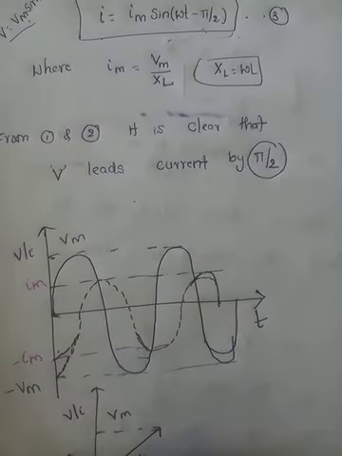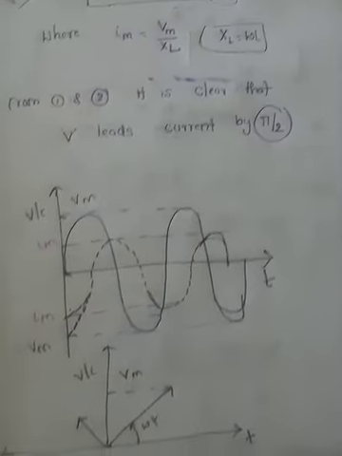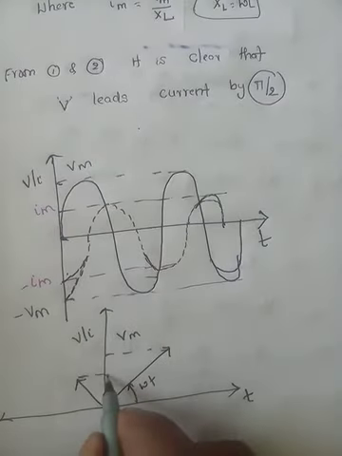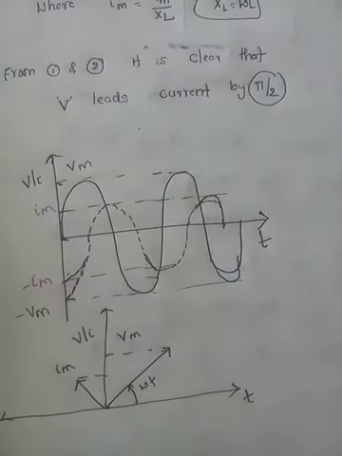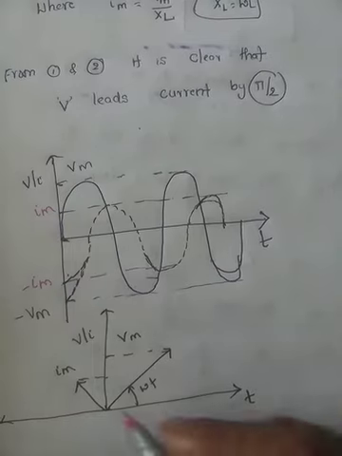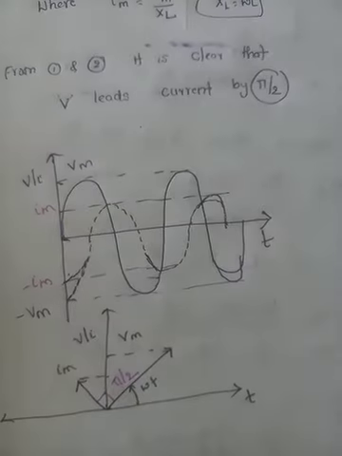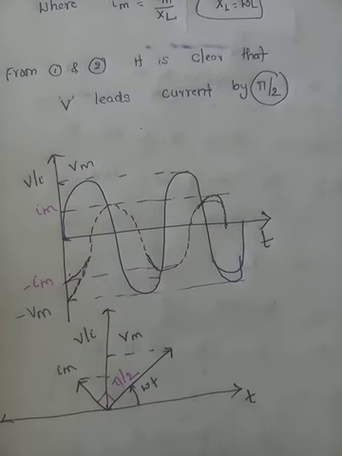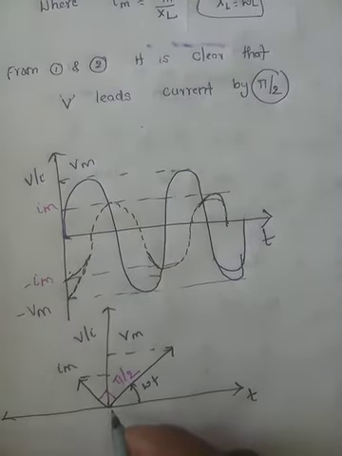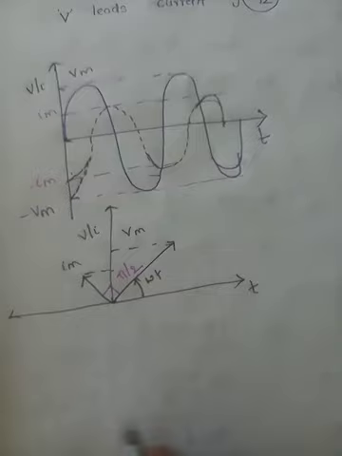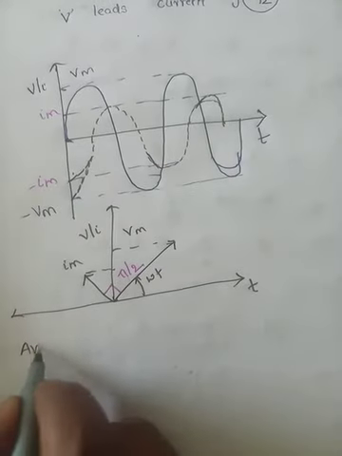So, this is current and this is Im. What is the phase angle between them? It should be how much? Pi by 2. So, this is the representation of what? Phasor diagram. Understood?